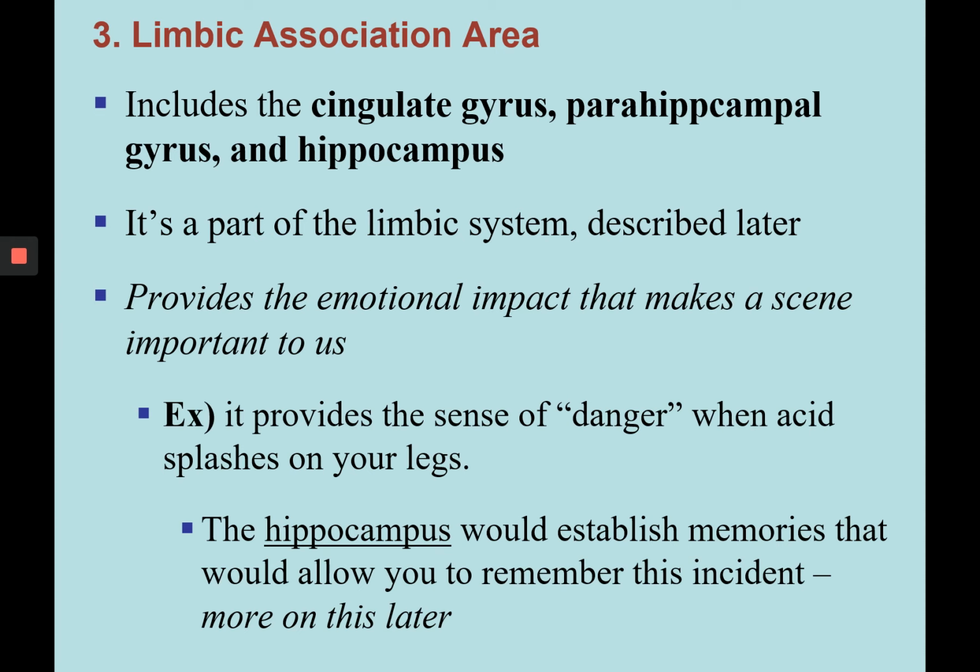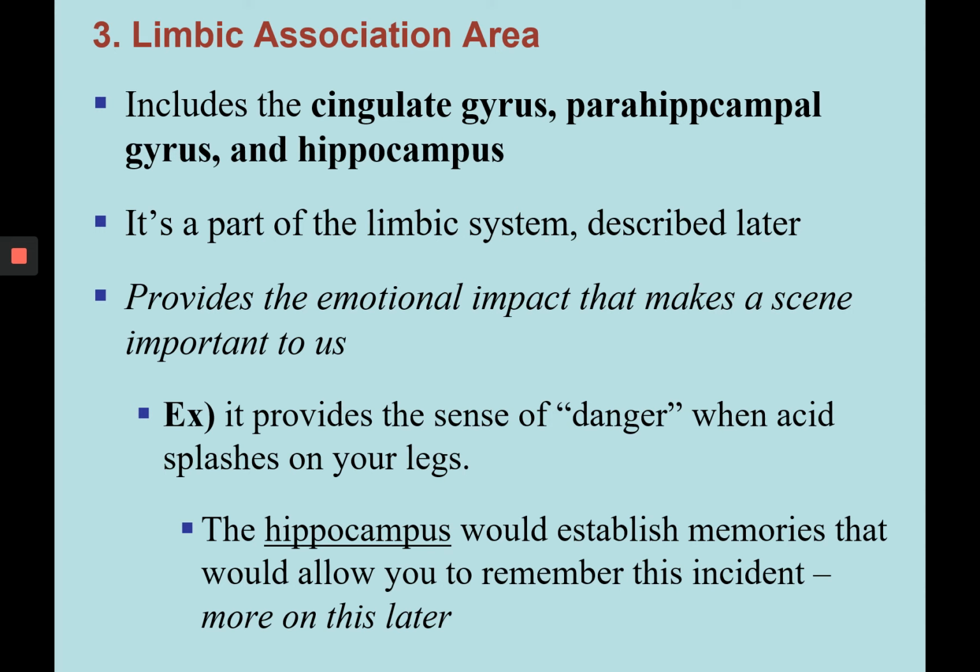All right, finally we've reached the limbic association area. Whenever you hear limbic system, think emotion. And it includes structures like the cingulate gyrus, the parahippocampal gyrus, and the hippocampus. The hippocampus is a good one to remember as a part of the limbic system. The limbic system is our emotional brain. We're going to look at it in even more detail later. But it's providing emotional impact that makes a scene important to us.